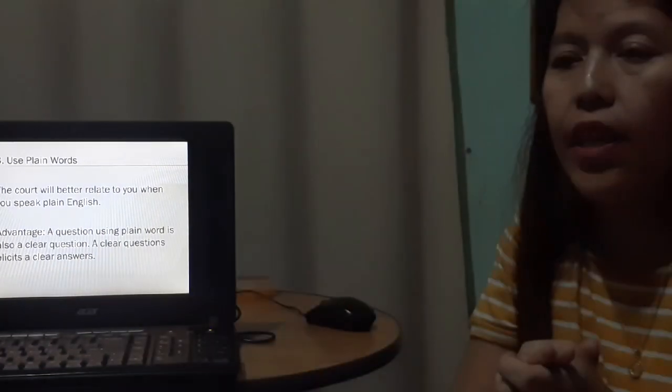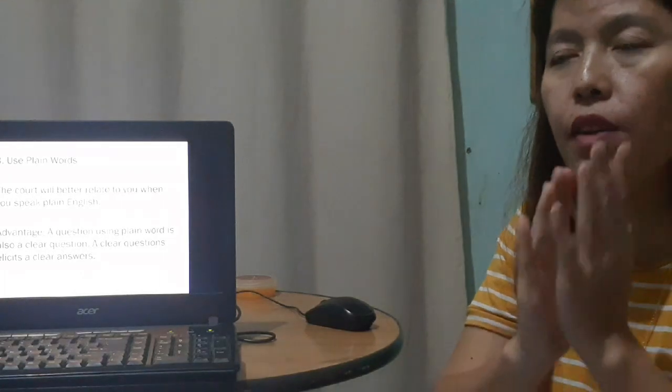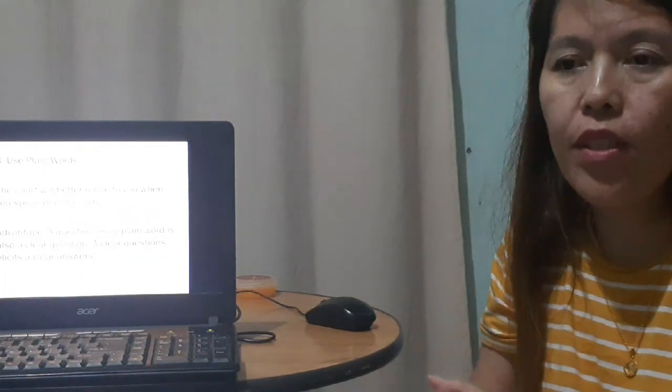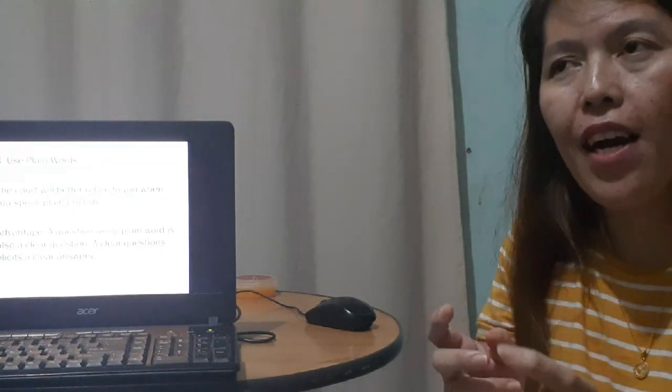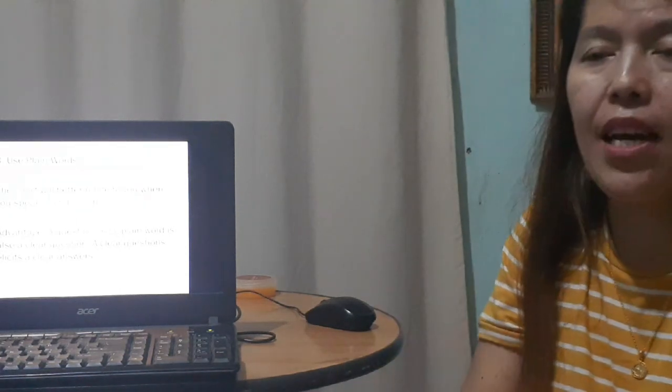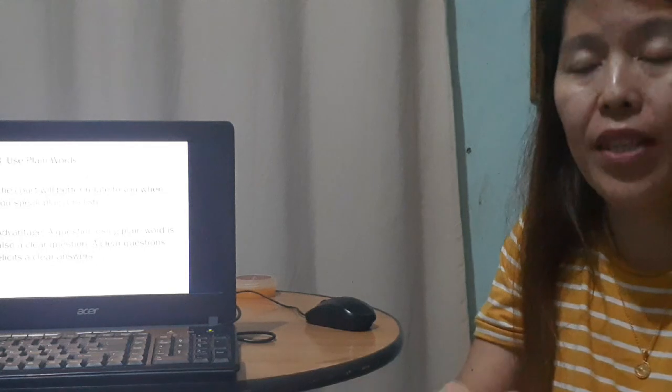And take note also that if you are cross-examining a witness that does not understand English, do not use English words. If your witness can understand Bisaya or Tagalog, you ask him in Tagalog. If he can understand Bisaya only, you ask him in Bisaya. It actually depends on the witness.